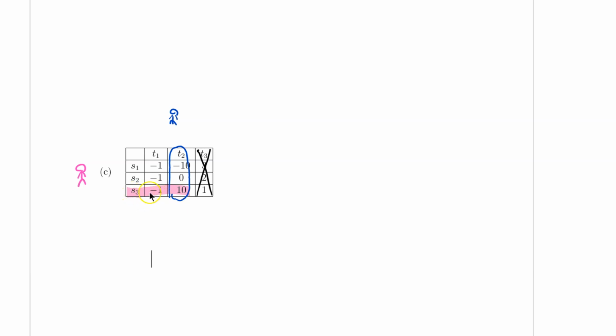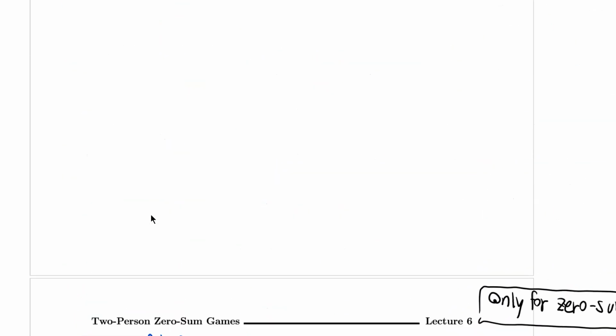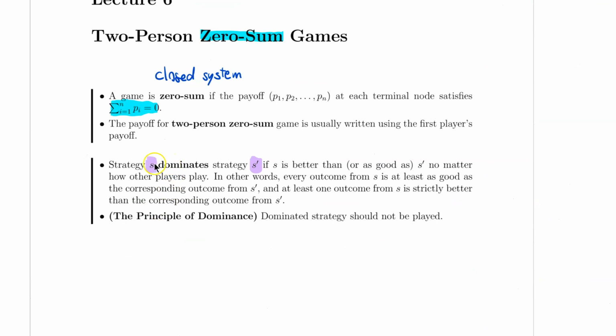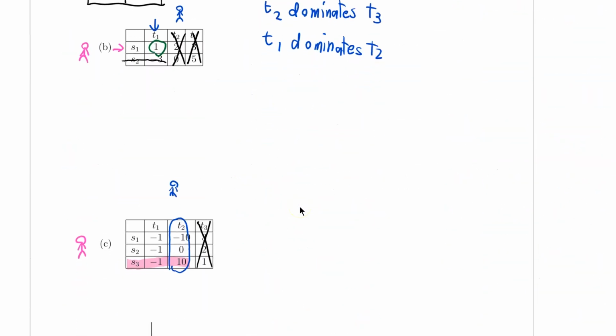So we can say that S3 dominates both S1 and S2. This is what we said earlier: when one strategy dominates another strategy, it has to be as good as the other option in every entry, and there has to be at least one outcome which is strictly better. It can be equal in some entries, but for at least one entry, it has to be strictly better.